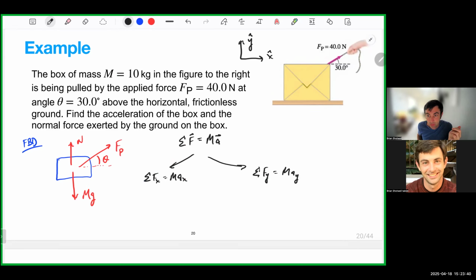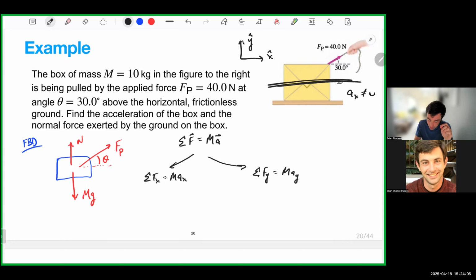Now the box is not going to be flying off the ground. If it was, then we would have to be given a lot more information in the problem about the box's lift off and all of that. It's implied in the problem statement that the box is not going to lift off the ground. So the motion is going to remain horizontal here, which means that ax is possibly non-zero.